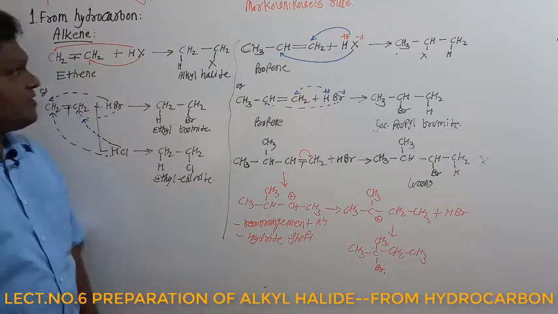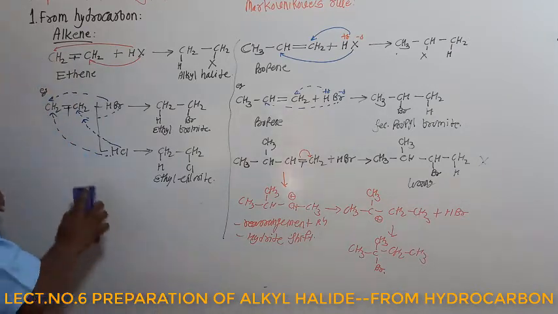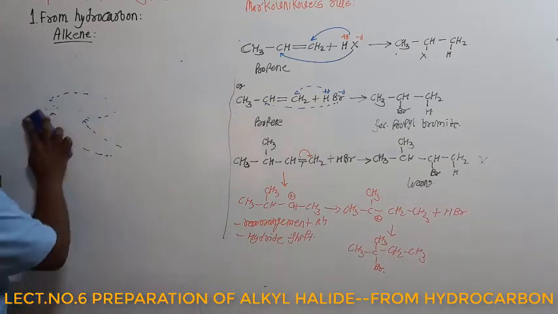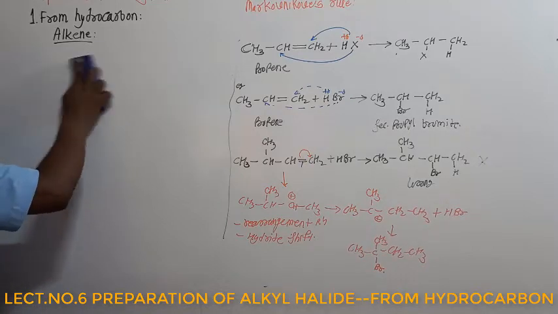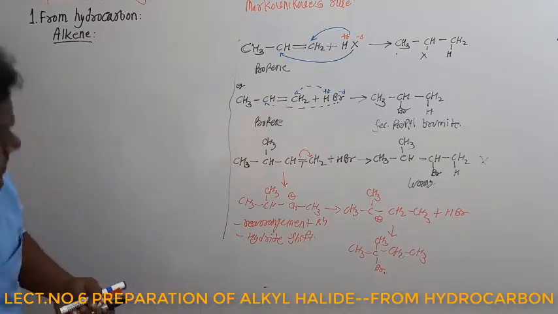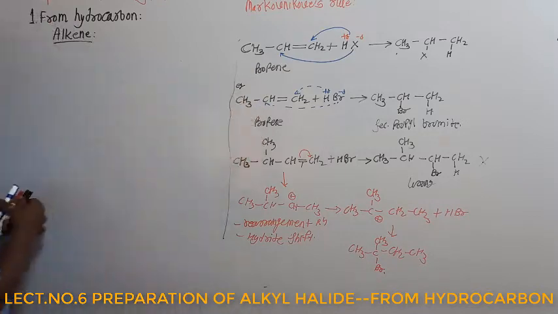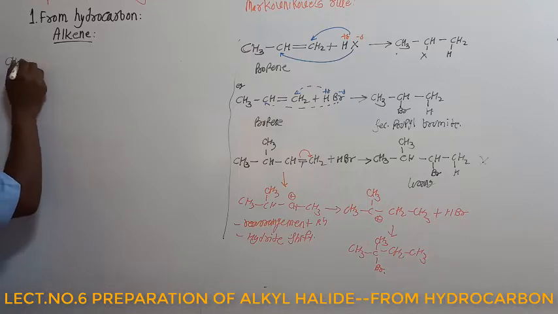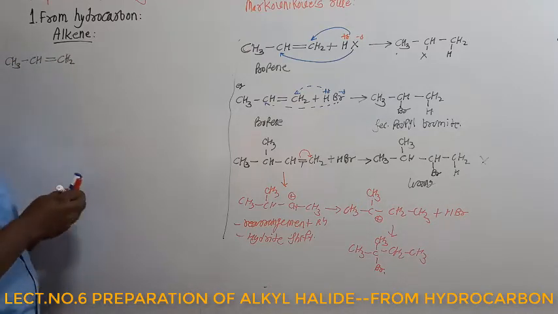Okay, so just now we have seen Markovnikov's rule. The same thing we are going to see, but in a little bit different way. Let's start the same thing again. Now, same example you're going to take: CH3-CH=CH2.